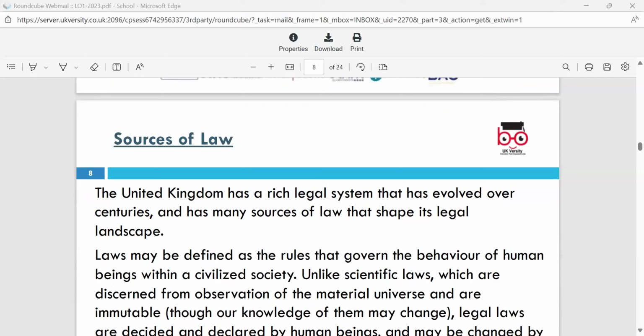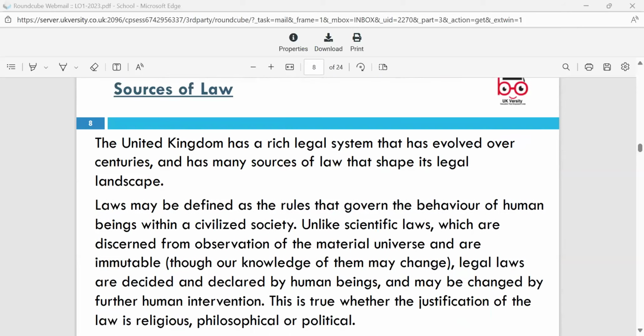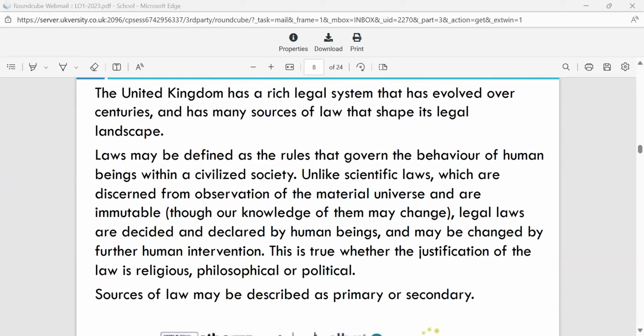And also the next one is sources of law, and these are different sources that shaped the legal landscape itself. So there's different sources of law. The sources of law in the UK are things like legislation, common law, and EU law, which we are out of since Brexit, but it's supplemented into other sources of UK law, like conventions and authoritative works.